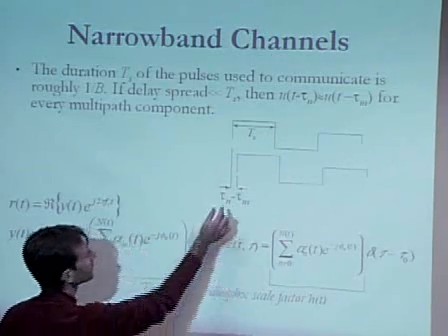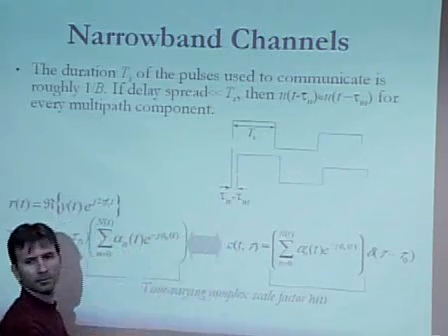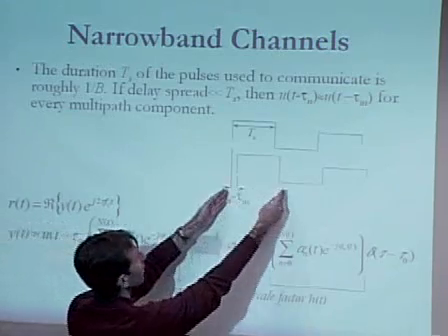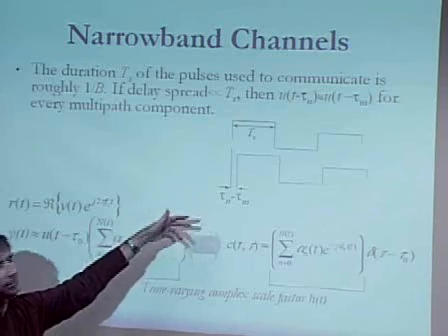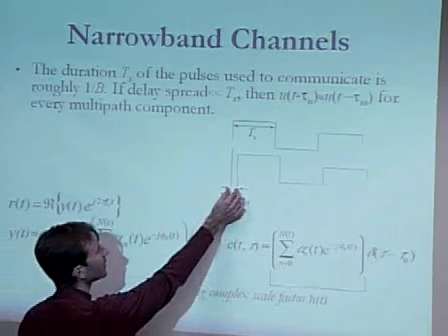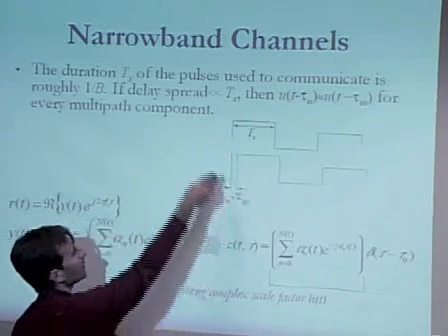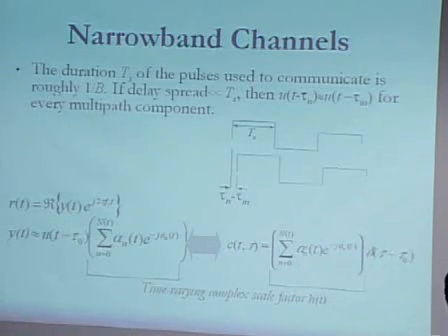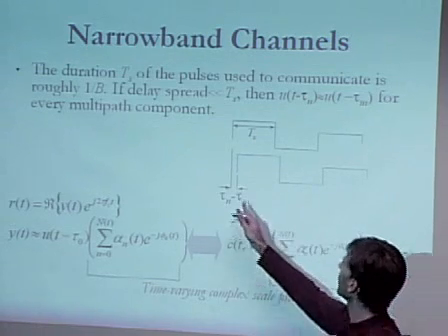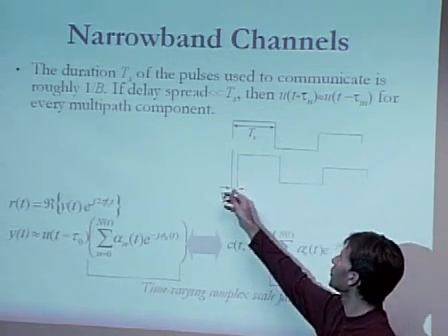As long as this difference in the delays is small. If this difference in the delays is large, when we combine the signals, we'll get something that has nothing to do with either of them. But if the delays are very similar, the summation of the signals will give us a signal with about the same shape. Okay? So that's the definition of a narrowband channel. One where all the delays are close to each other.